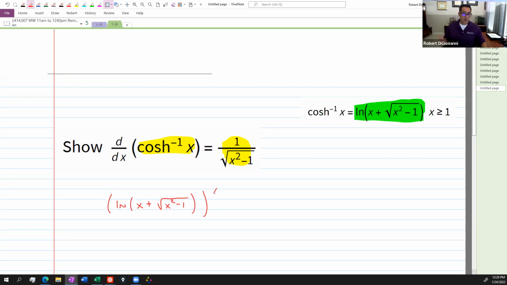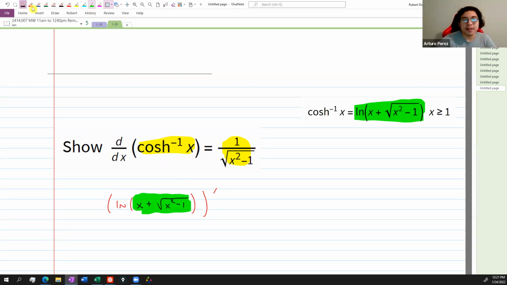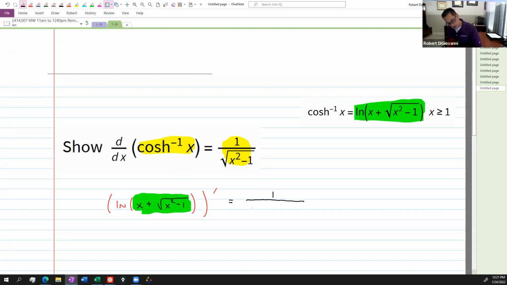So this is going to require chain rule, right? Arturo, what's the derivative of natural log of anything? 1 over that anything. So that's 1 over x plus the square root of x squared minus 1.